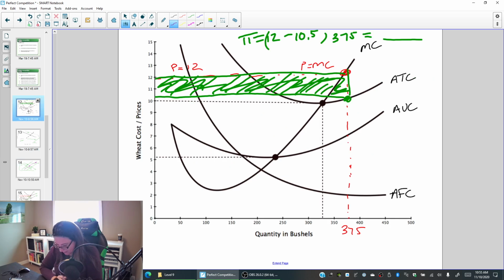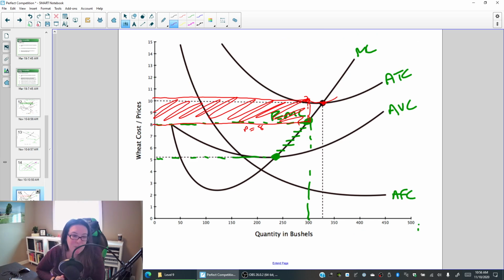Well, let's go back. If the price is up here, others see you making profit and they join in. So supply increases and the price goes down. If the price is low, like here, others see you are losing money. And in the long run, when those fixed costs are no longer fixed, you get out.